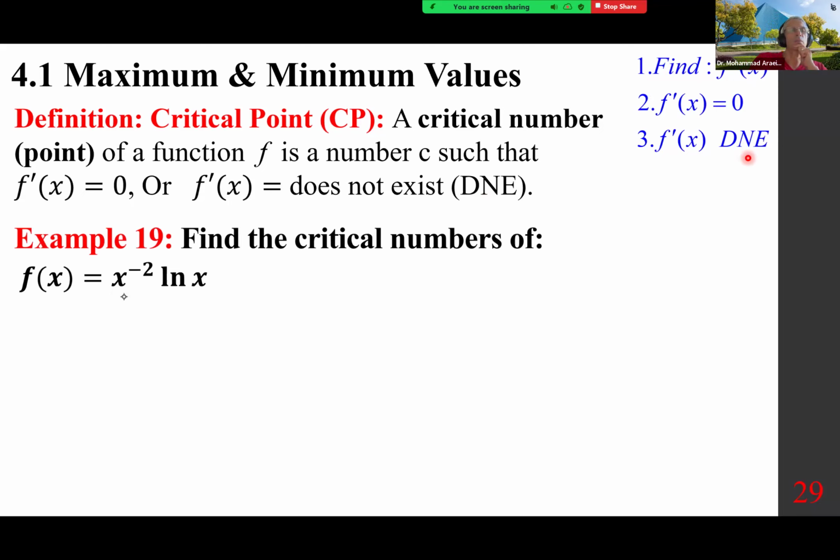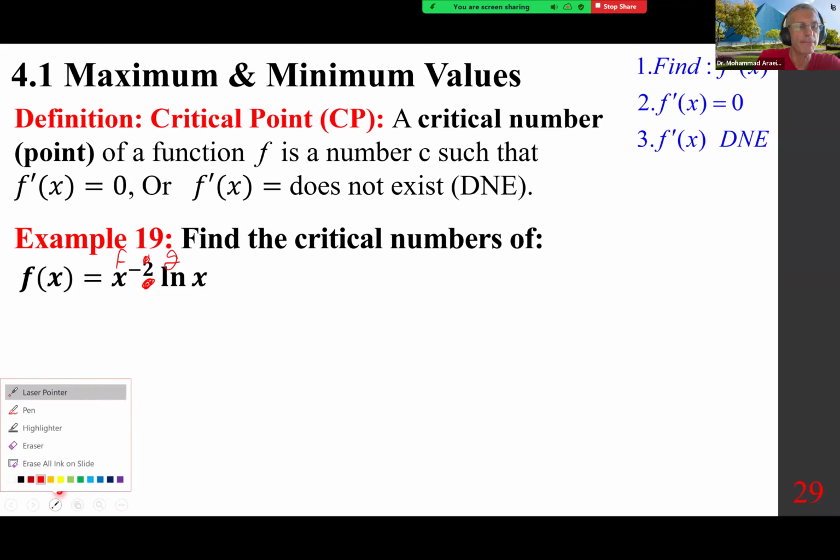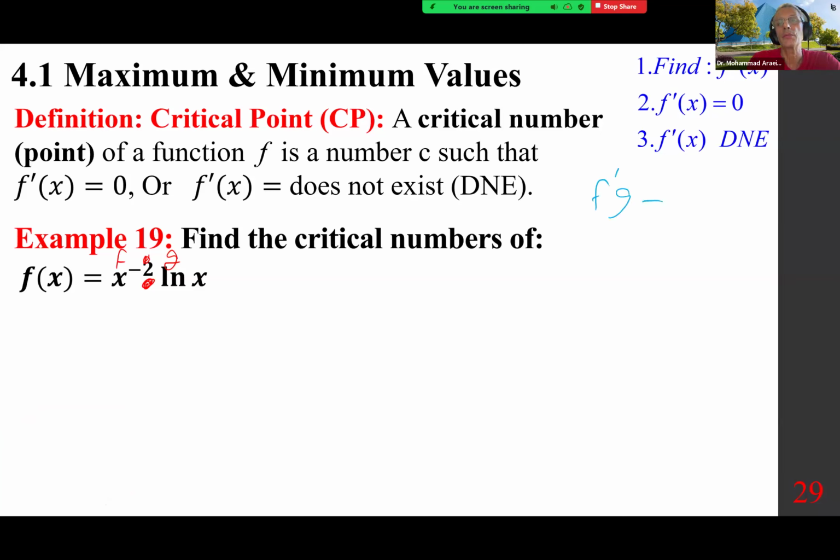So we want to find the critical numbers for f of x equals x to the power of minus 2 times ln x. So we are going to use the product rule. This is f times g, so we need f prime g plus g prime f.